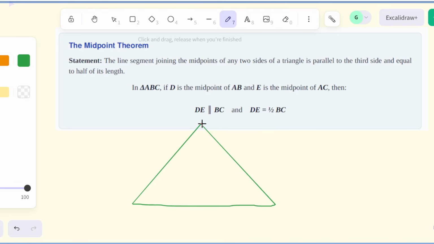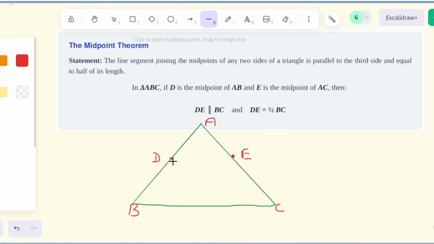Before that, let me draw a triangle to explain it better. So let this triangle be ABC, and let points D and E be the midpoints of sides AB and AC respectively. Join them. Now these two lines should be parallel.